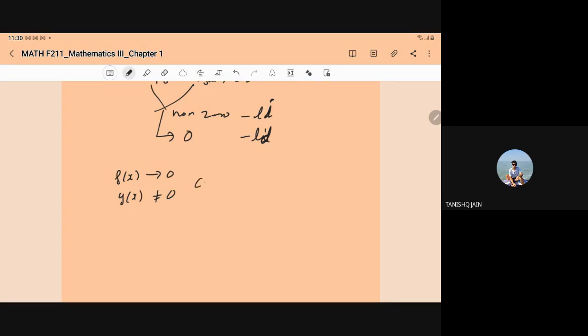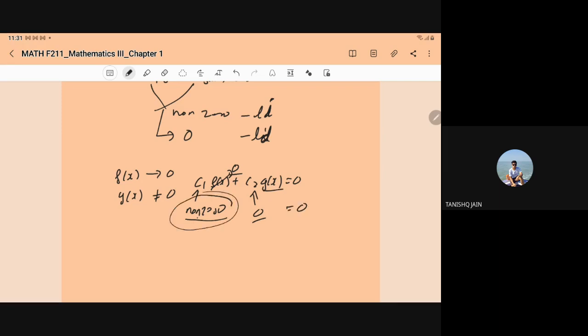if you compute the linear combination c1 f(x) plus c2 g(x) equal to 0, and f(x) is identically 0, you can take c1 as non-zero and c2 as 0, then non-zero into 0 plus 0 into non-zero will give you result 0.